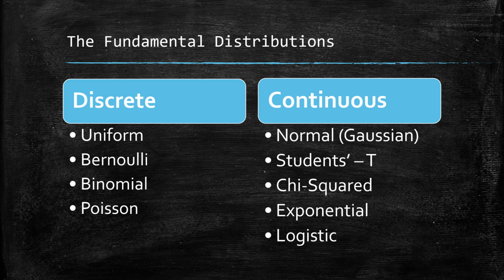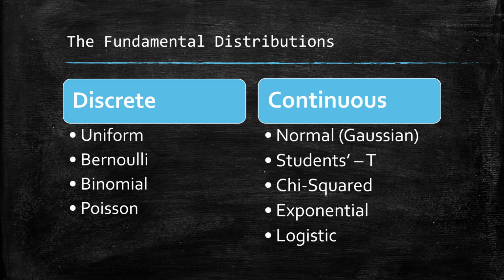And the discrete ones are pretty intuitive in nature, because you can imagine uniform just means everything has an equal possibility of happening. So again, going back to our 6-sided die, if you can visualize that, there's an equal chance of rolling a 1 as there is rolling a 2 or 3 or 4 or 5 or 6.